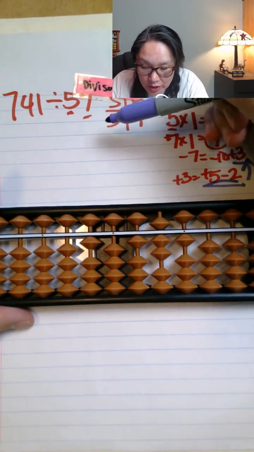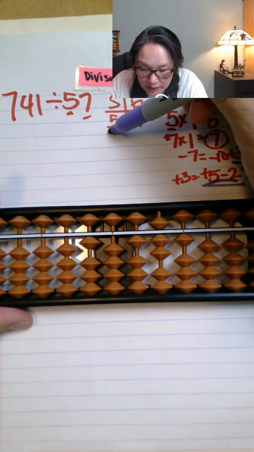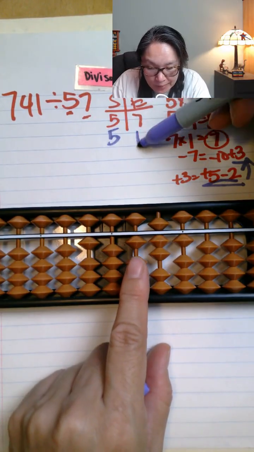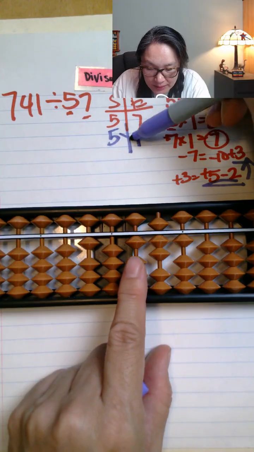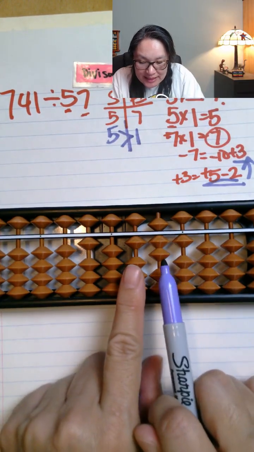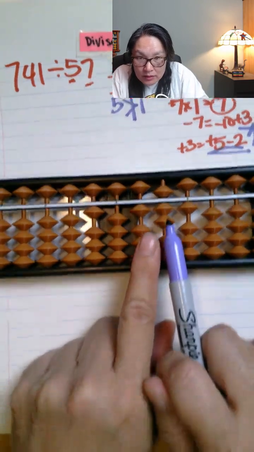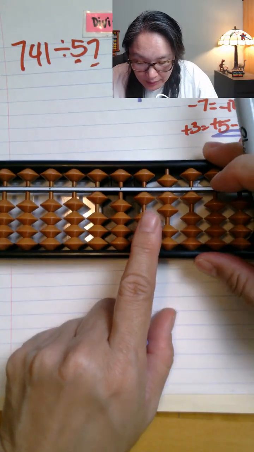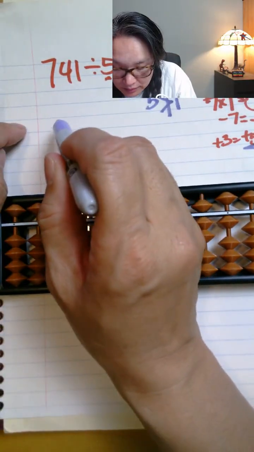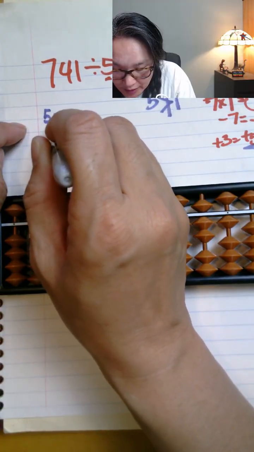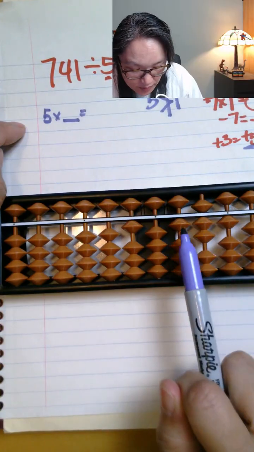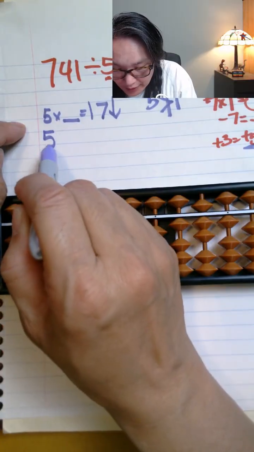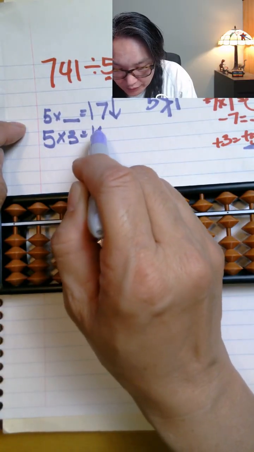When we go back to our question, 5 is my divisor, 1 is my dividend. Because my divisor is bigger, I'm going to utilize these 2 columns. So that means my question is, 5 times what is equal to 17 or less? 5 times 3 is equal to 15.